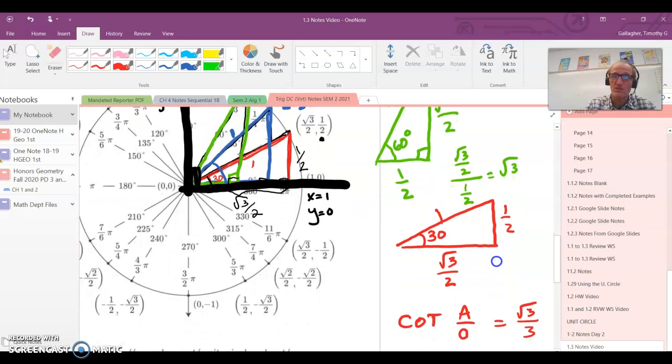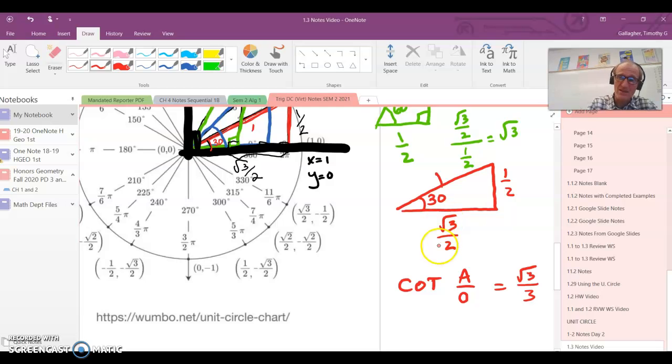So adjacent for the 30 is the square root of 3 over 2 over 1/2, so times 2 over 1. So this is just the square root of 3. So now it's not 30 degrees, it's got to be that 60 degrees.